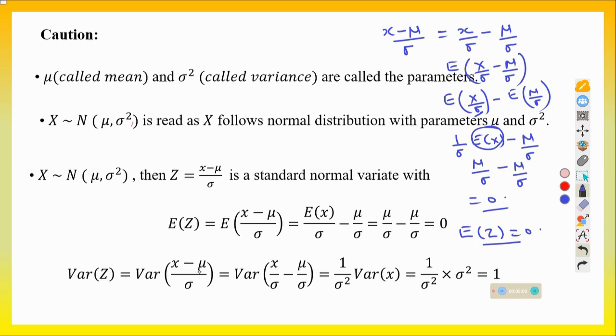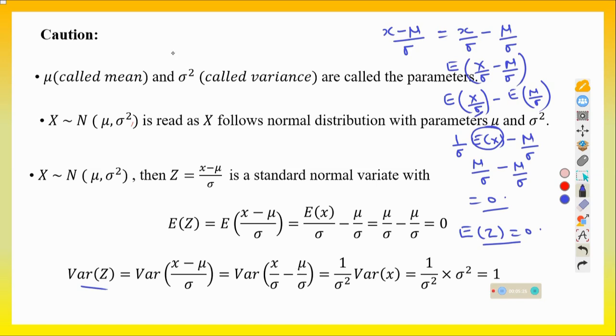And likewise, we shall do the same for the variance, meaning you have the variance of x minus mu over sigma, and you can split this same expression. When you split it, it is x over sigma minus mu over sigma, and x is the only variable, while this is a constant.